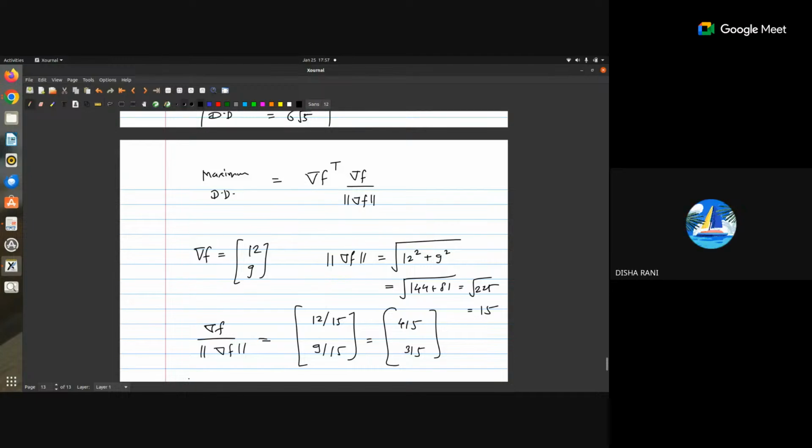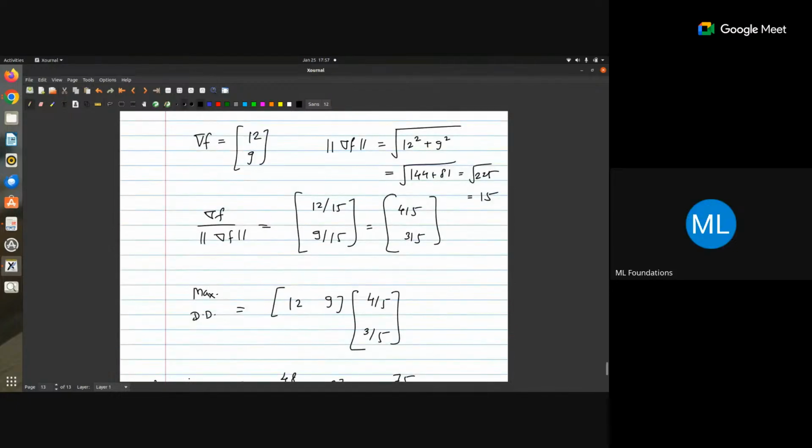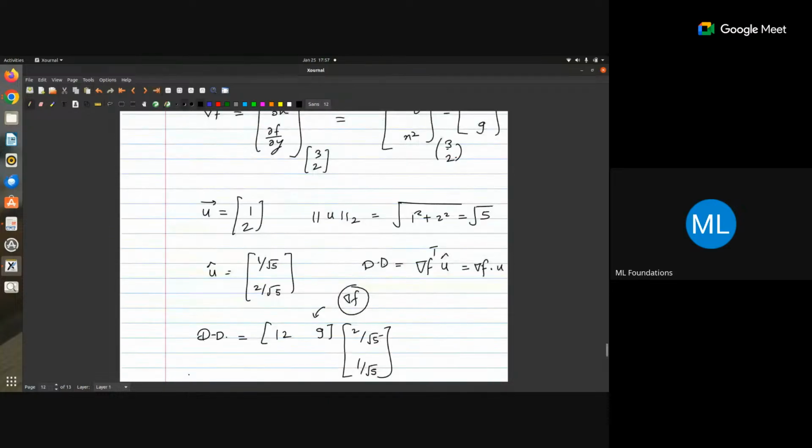Sir, could you go down? Same thing we have used, whatever we used for the directional derivative. The only difference here is we are saying that the maximum is in the direction of the gradient. Previously we used to have different directions, like 2, 1, another direction 1, 2.